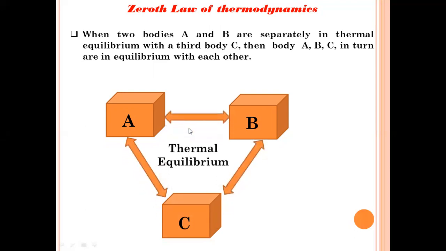So this is how temperature equality is given by the zeroth law. All these three bodies A, B and C will have the same temperature.